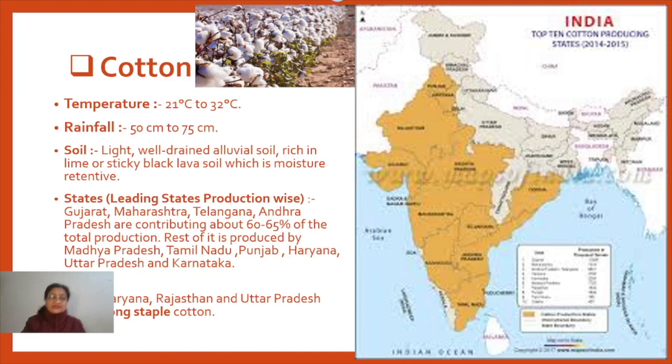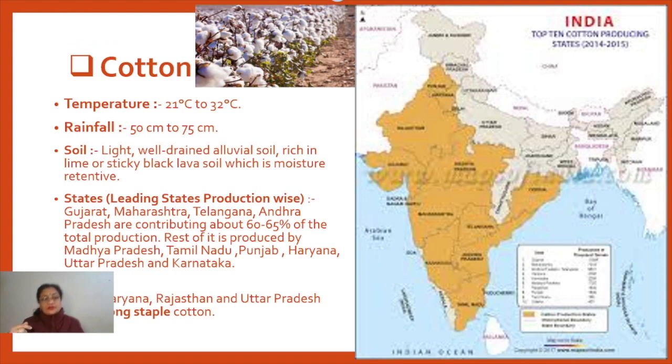It is cultivated in those areas where the rainfall is less to moderate, almost within 50 centimeters to 75 centimeters. That is the ideal rainfall condition for cotton cultivation, and the rainfall should be well distributed from the sowing season till its growing part.